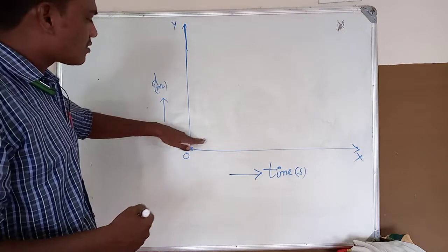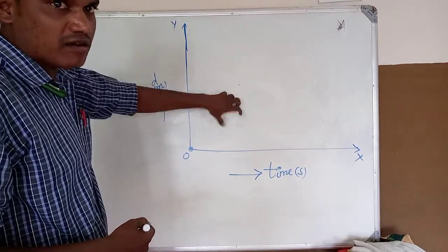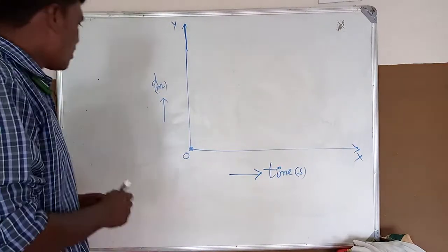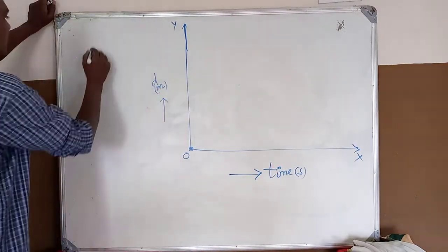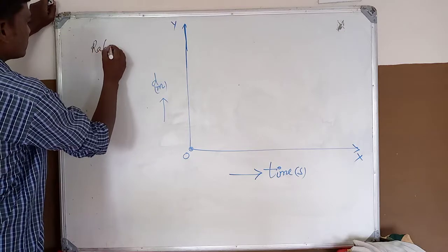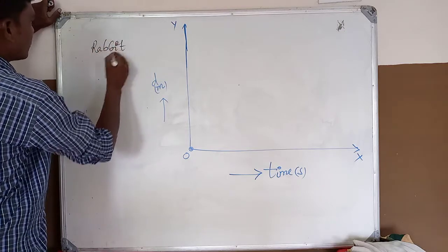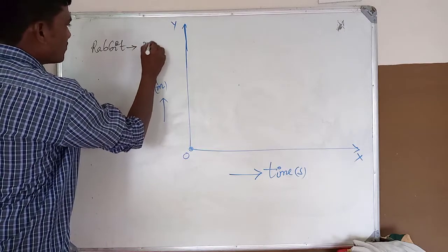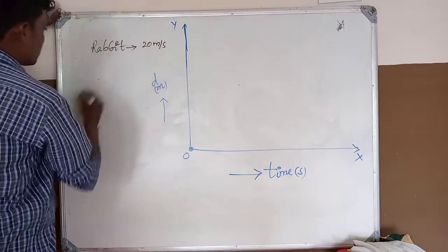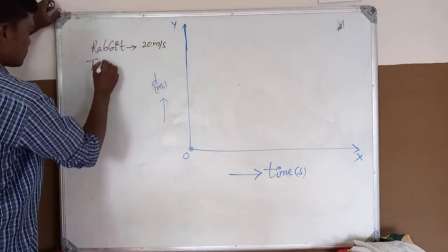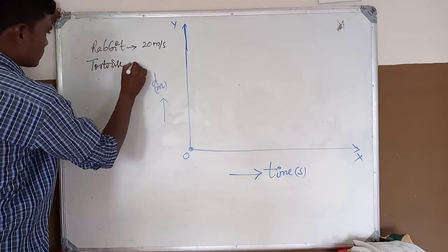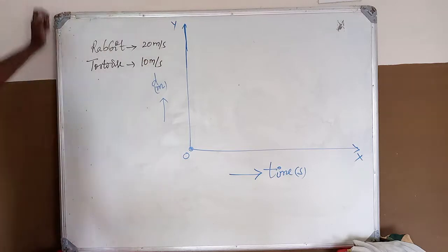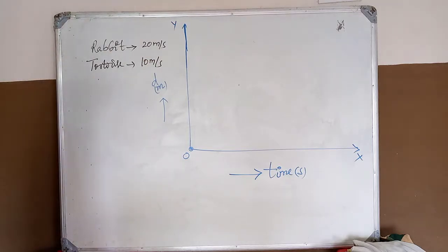The tortoise moves with one constant speed and the rabbit with some constant speed. For example, just for understanding, we consider that the rabbit moves at 20 meters per second and the tortoise moves at 10 meters per second.